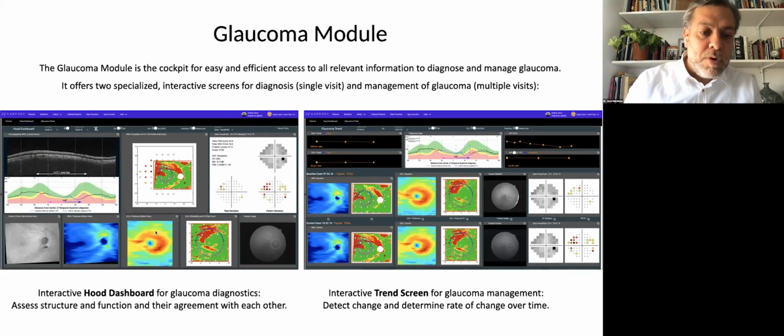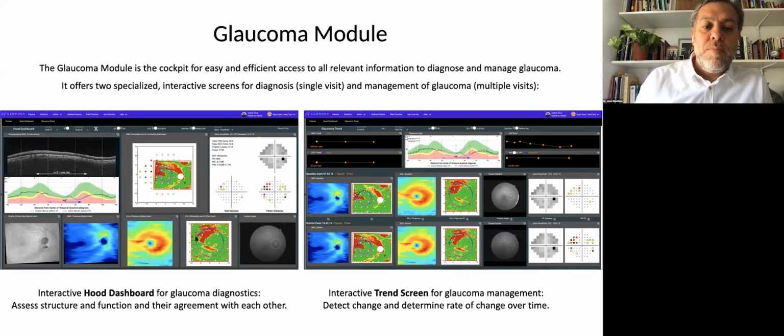We do have the same topographic view for the ganglion cell layer, which is really important at the macula. We have the simulated visual field testing points, but right now we also have integration with a lot of different visual field test machines, where we could import directly from the visual field test machine and have the real examination here.